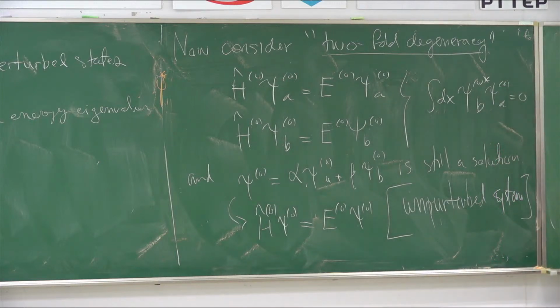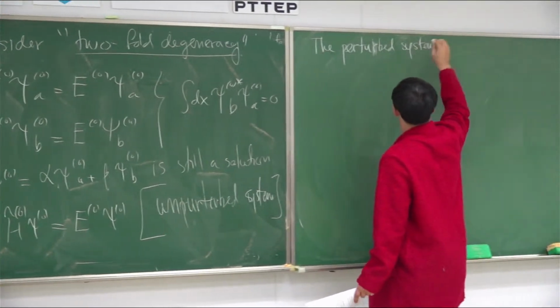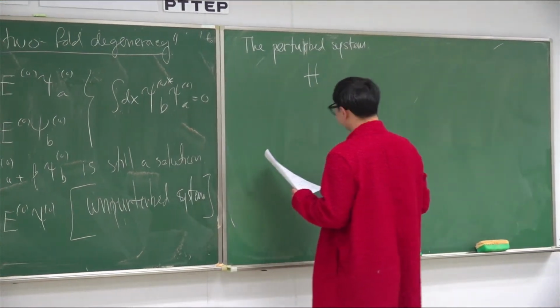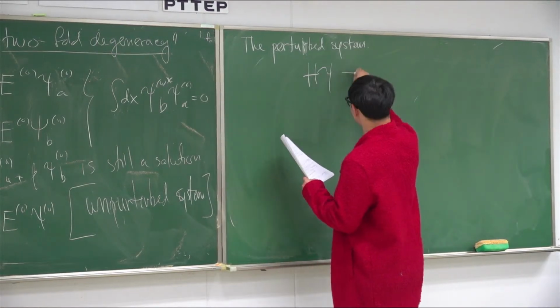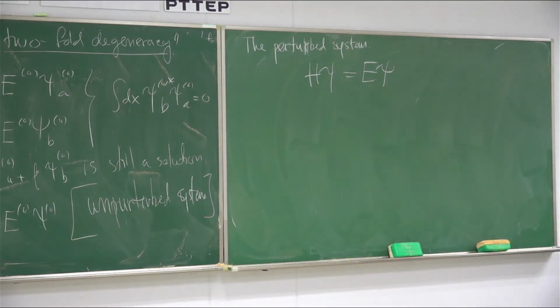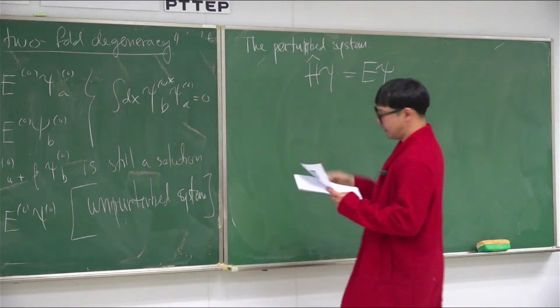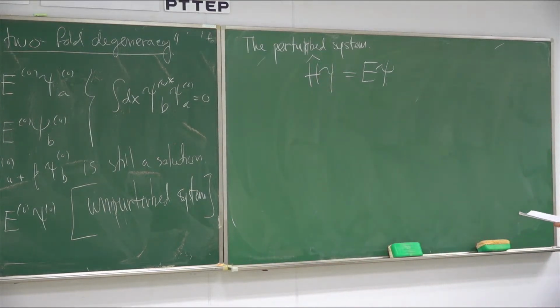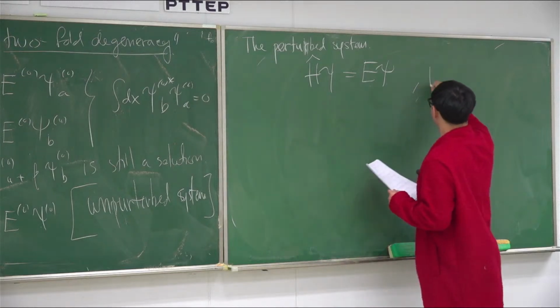So next we're going to look at the perturbed one. Okay, so your Hamiltonian, this is the perturbed one. Right. And then what we are going to do is solve this again.